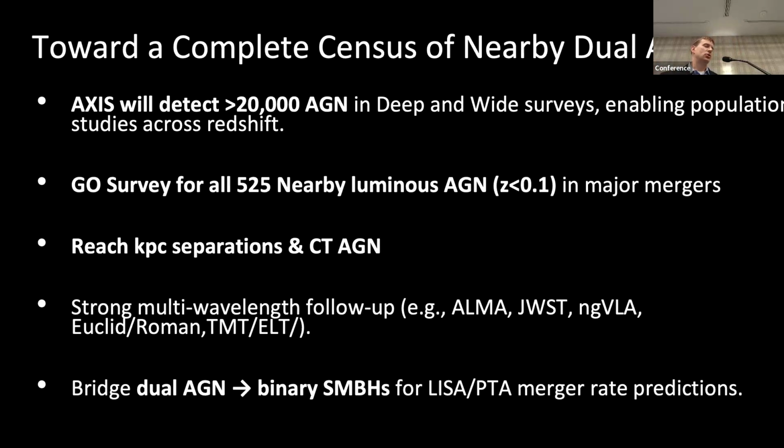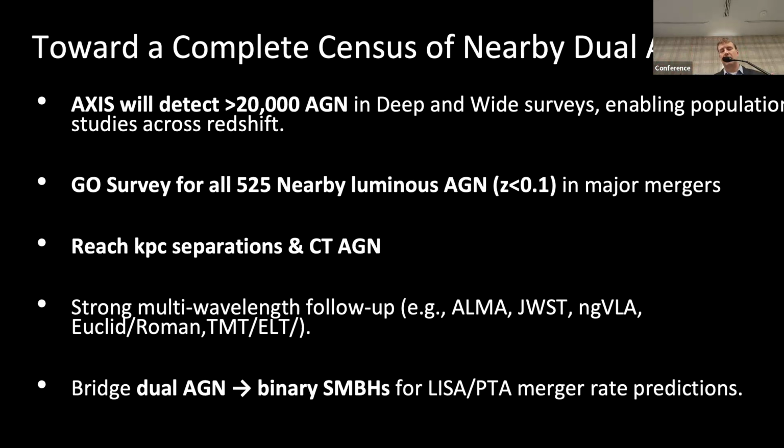And there are so many strong opportunities for multi-wavelength follow-up in terms of understanding how we can detect these AGN, because when you combine the X-rays with the near-infrared, mid-infrared, and ALMA, you can get much tighter constraints on whether you actually have a highly obscured AGN there.